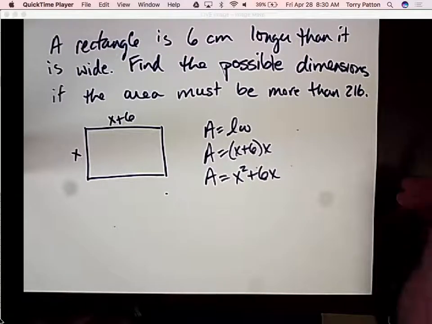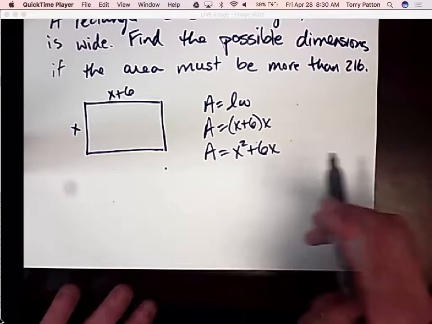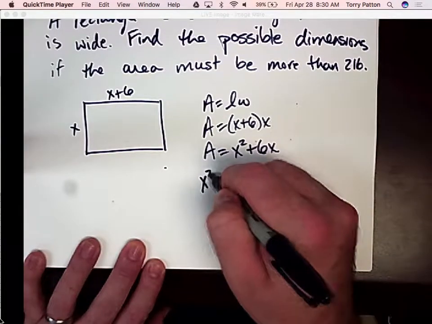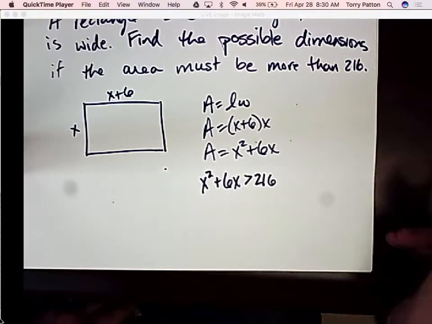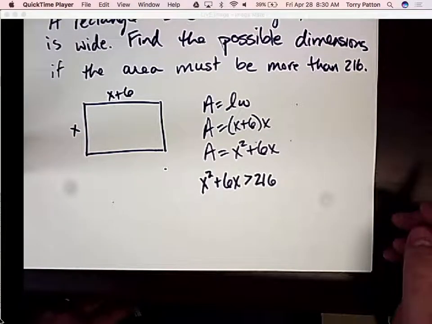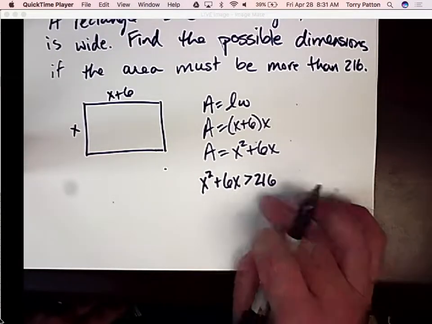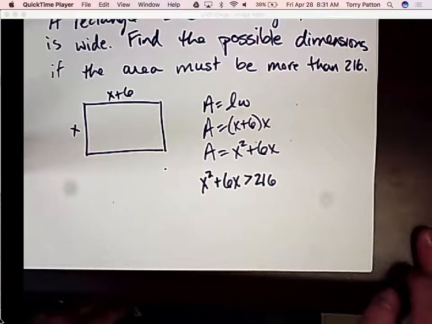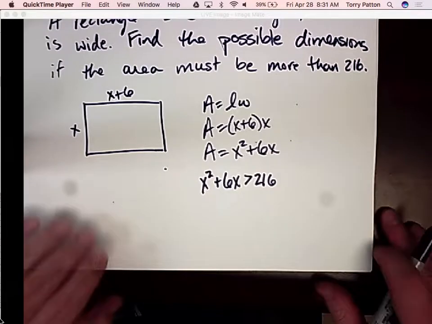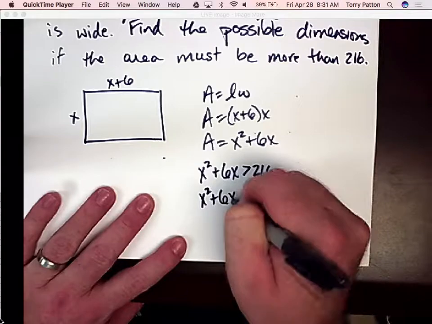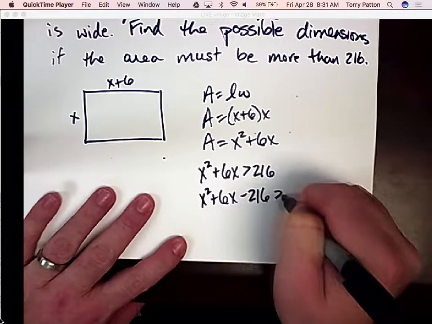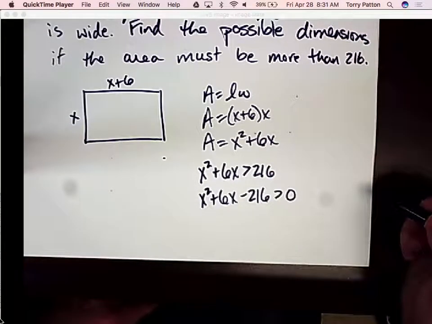We need that to be more than 216. So x squared plus 6x is greater than 216. Now, if it said it must be at least 216, we would do greater than or equal to. But it wants to be greater than 216. Okay, well, you've got to get this greater than 0. So you subtract 216, and you get that.